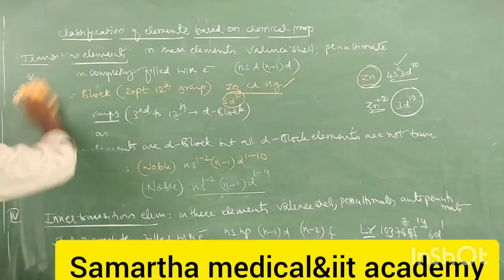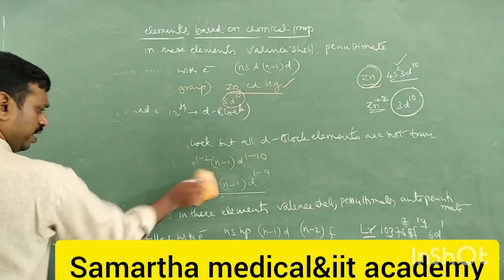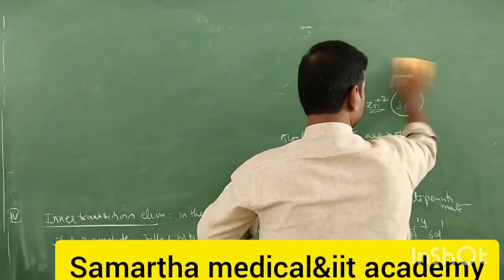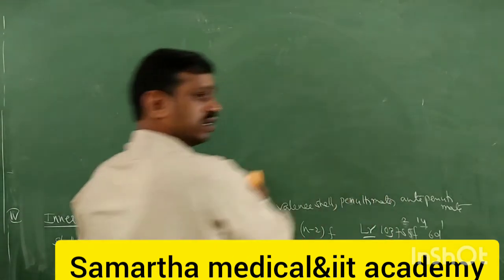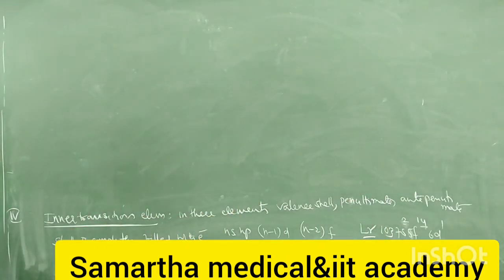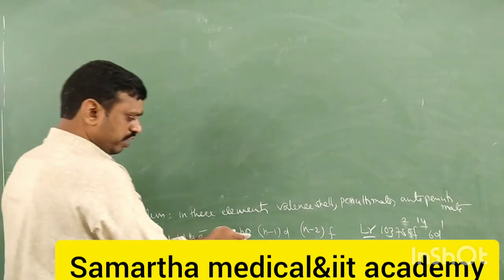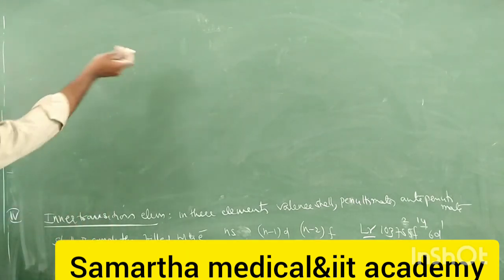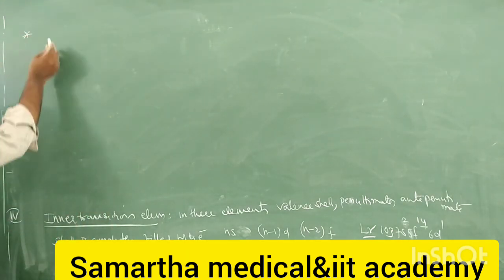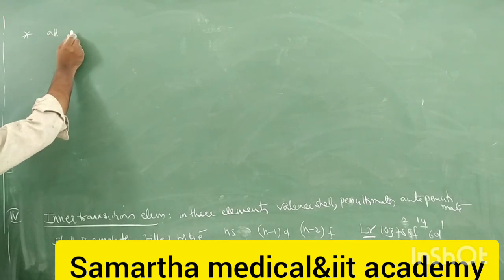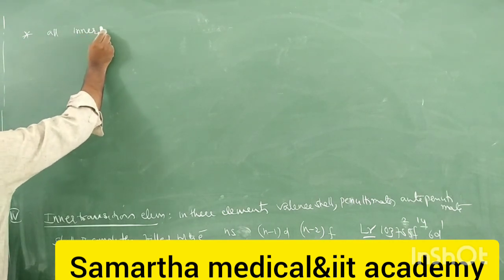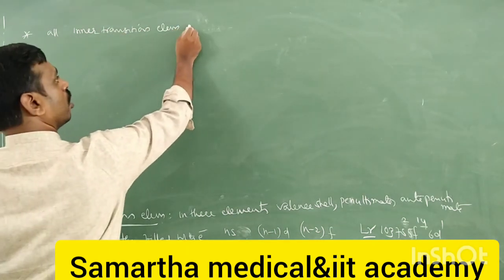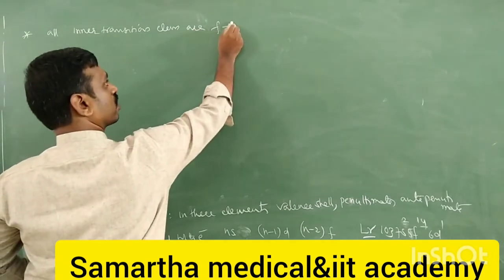Next, what is the general electronic configuration? Generally, inner transition elements are also called f block. There is no difference between f block and inner transition. So all f block elements are inner transition elements, and all inner transition elements are f block.